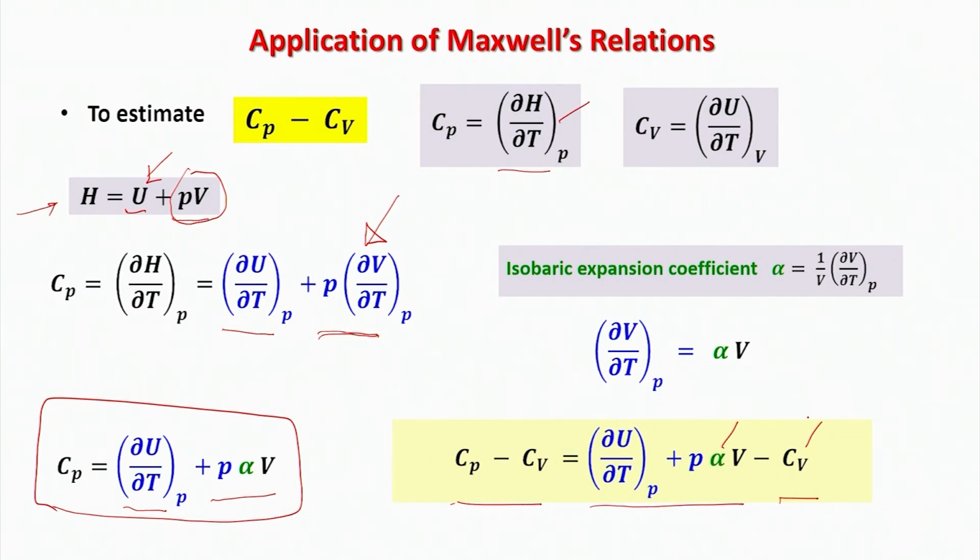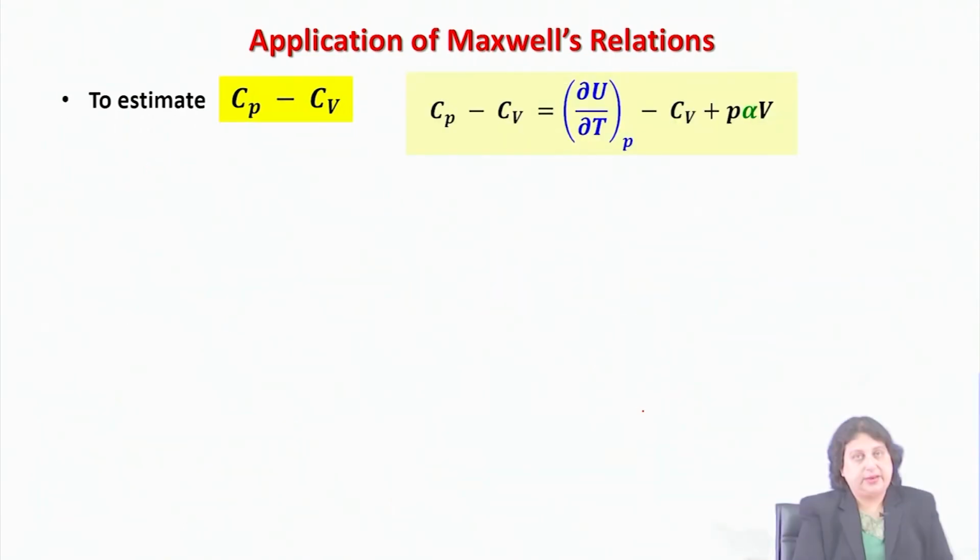So, the next task would be to express this particular term (∂U/∂T)_P in terms of measurable properties of the system. That is where we start from in this part of the discussion. So, I have Cp minus Cv equal to this term plus P into alpha V.